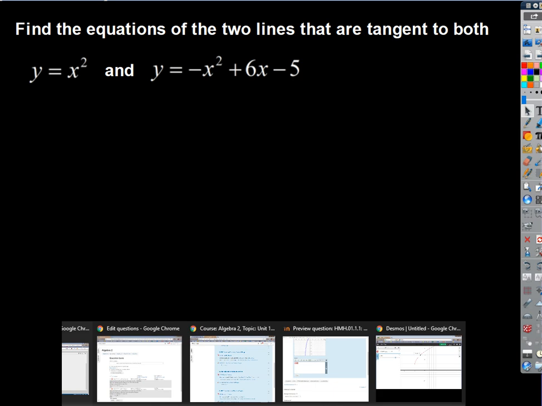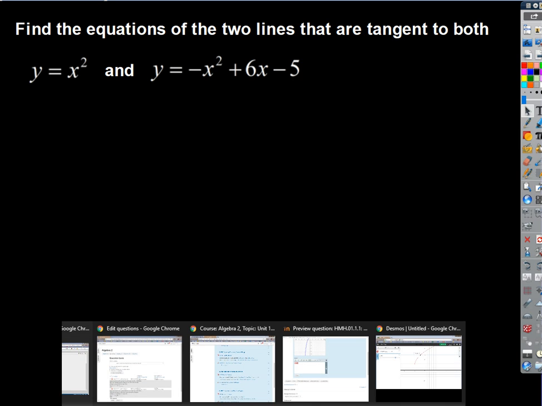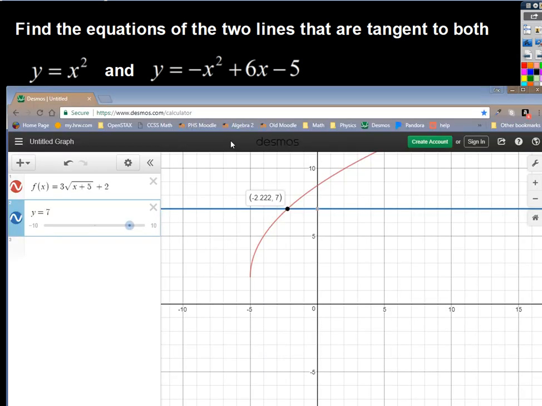We've got these two functions, y equals x squared and y equals negative x squared plus 6x minus 5. So let's just graph this so we can get kind of a visual sense of what is going on here.